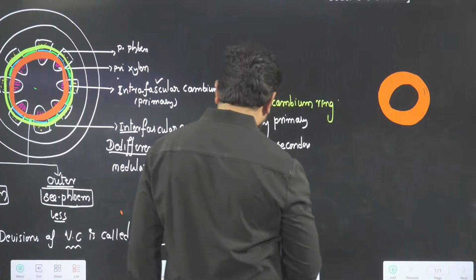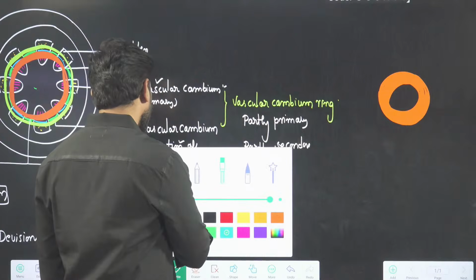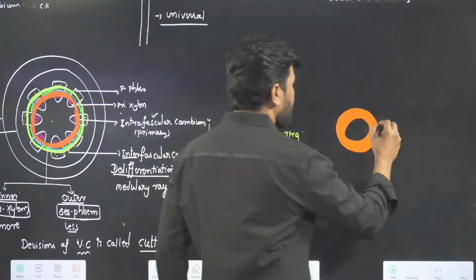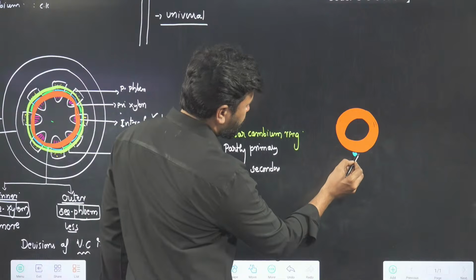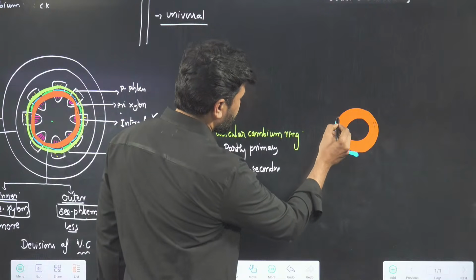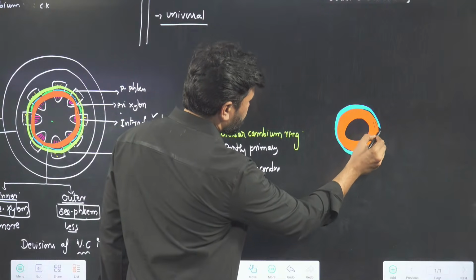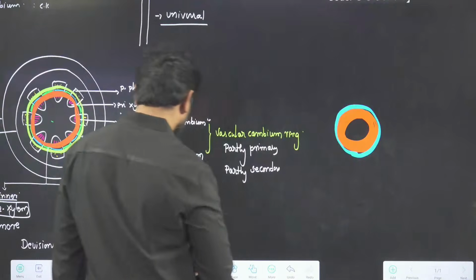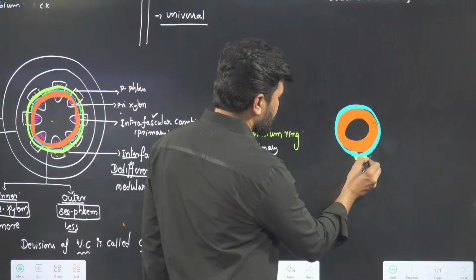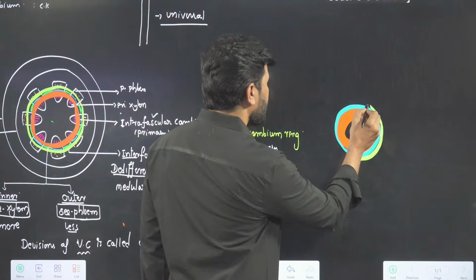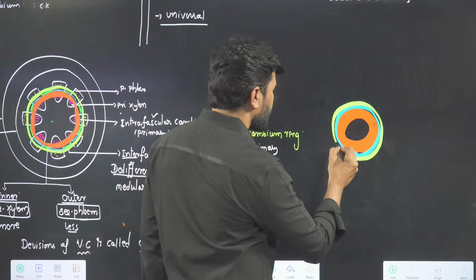Outside it, who will be present? There will be the vascular cambium ring. This is that vascular cambium. Outside the vascular cambium, who will be present? There will be the primary phloem.